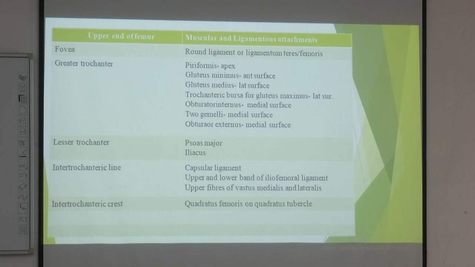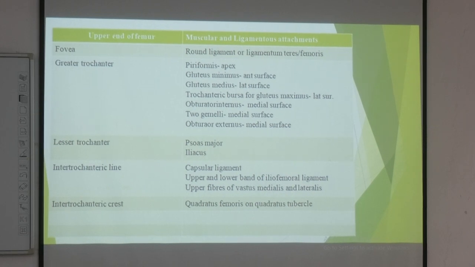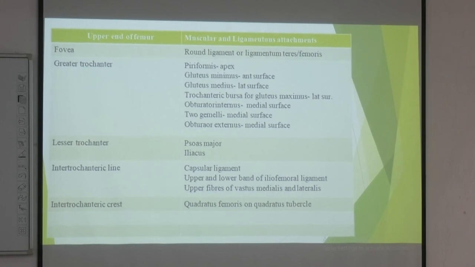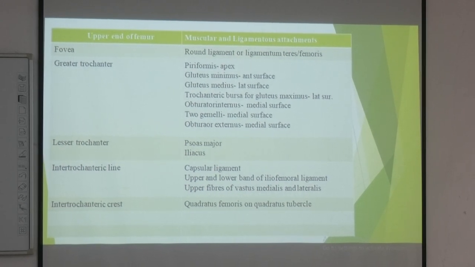Where the gluteus is attached, you have to remember it. If you are prioritizing which to remember first, prioritize where the glutes are attached: gluteus minimus and gluteus medius. Once you remember them very clearly, then go for the other muscle attachments. Gemelli, obturator internus tendon and piriformis are attached on the superior border.